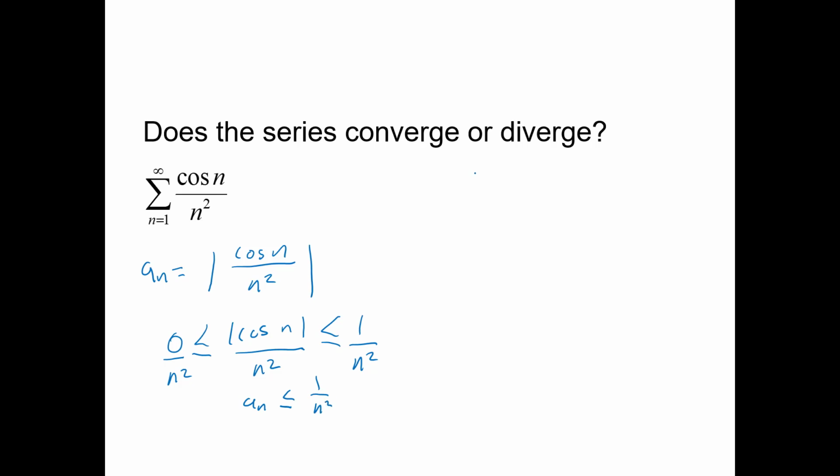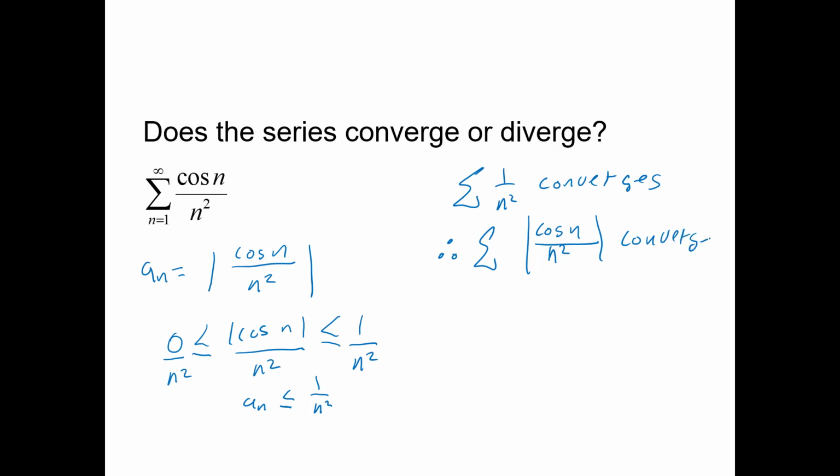The series 1 over n squared converges. It's a p series. Therefore, the series of the absolute value of cosine of n over n squared converges by the basic comparison test, right? So this thing converges since it's less than this convergent series.